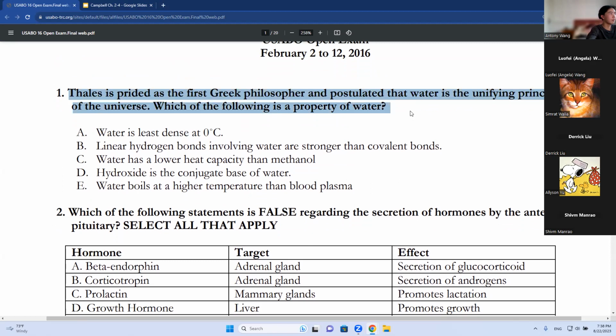Can everyone see the questions? Yeah. Let's start with the first one. Thales is prided as the first Greek philosopher and postulated that water is the unifying principle. Which of the following is a property of water? Yeah, DM me the answers.